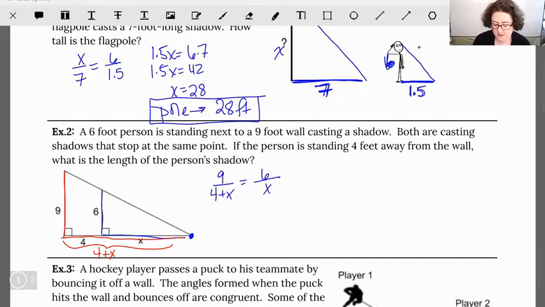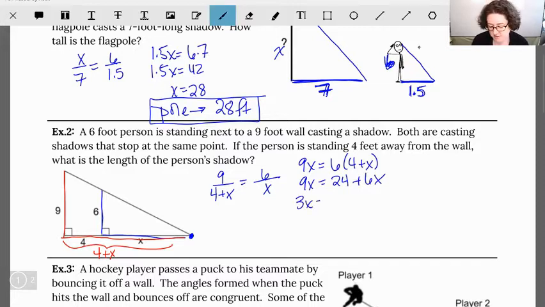So we have 9 times x equals 6 times 4 plus x. So distribute out your 6. So 6 times 4 gives us a 24 plus 6x. Then I'm going to subtract 6x from both sides, which gives me a 3x equals 24. So that means x needs to equal 8.